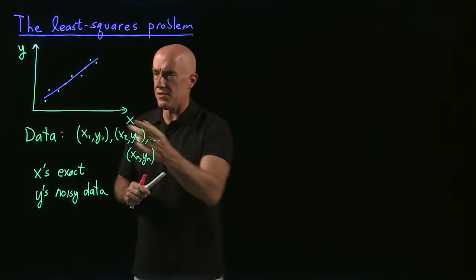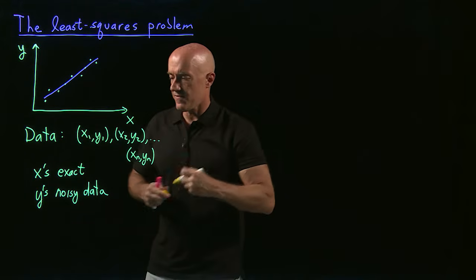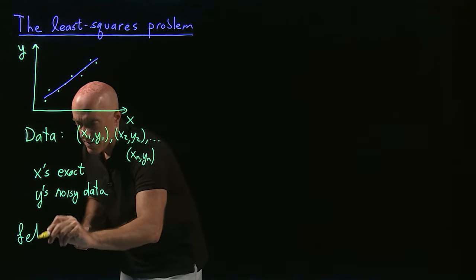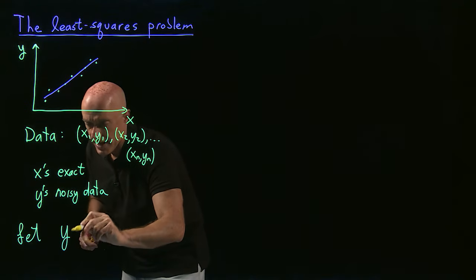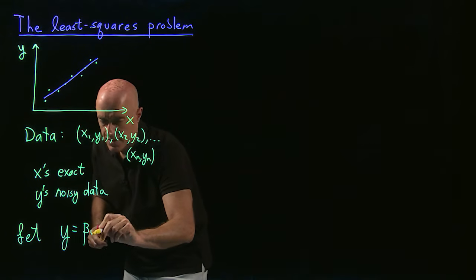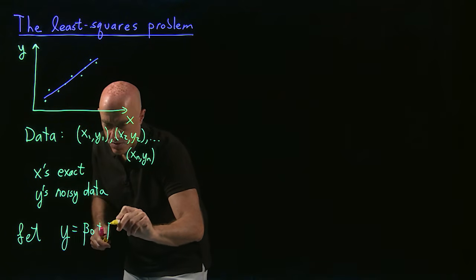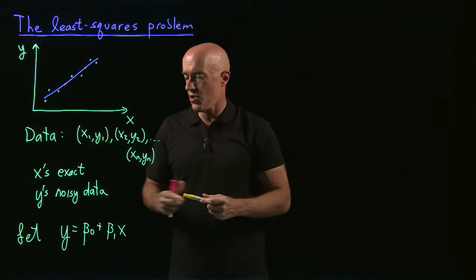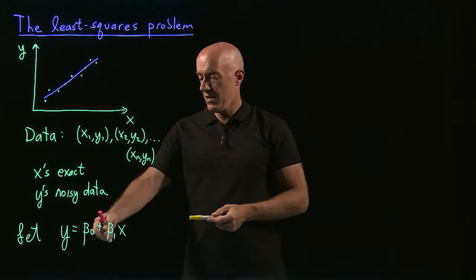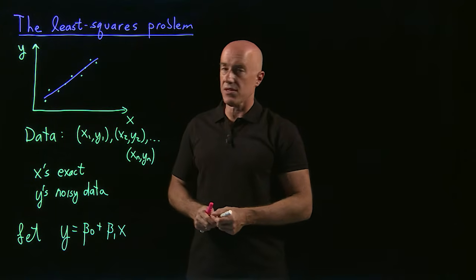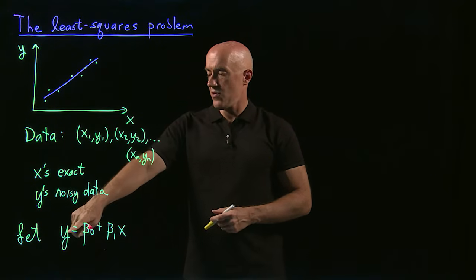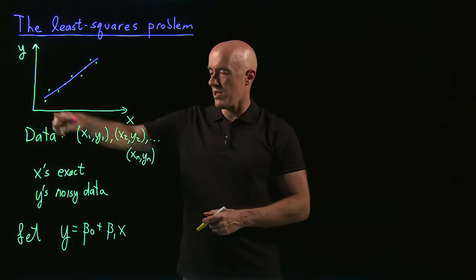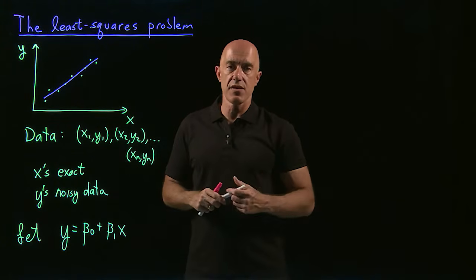All we need to specify is the form of the line. So we're going to let our line be y equals beta naught plus beta 1 times x. Right? Beta naught is the y-intercept. Beta 1 is the slope of the line.